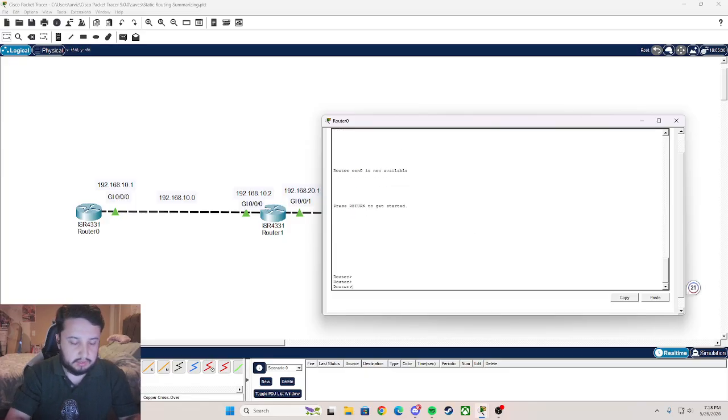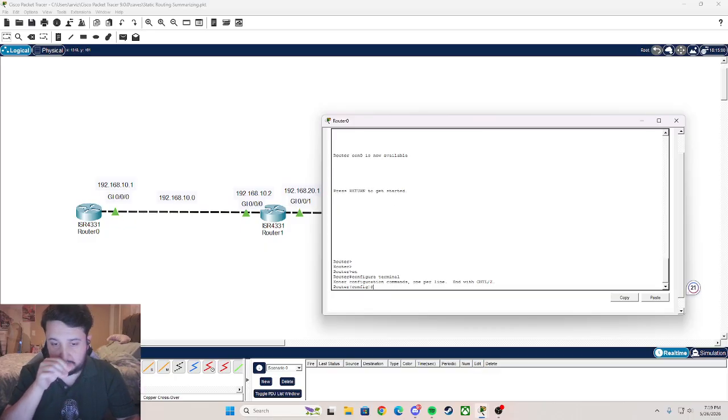First thing I want to do is enable, then configure terminal.